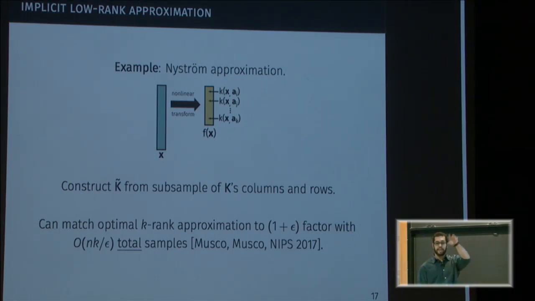So this corresponds to k over epsilon rows and k over epsilon columns. And we can provably compete with the best Frobenius norm low-rank approximation without having to look at the whole kernel matrix K. But it's a Frobenius norm error.